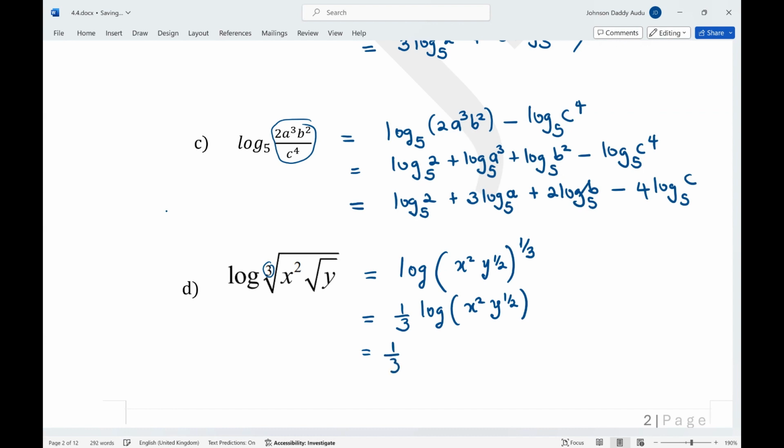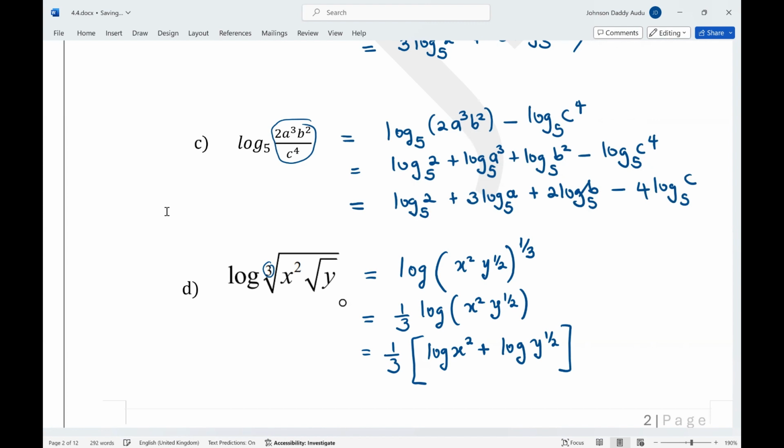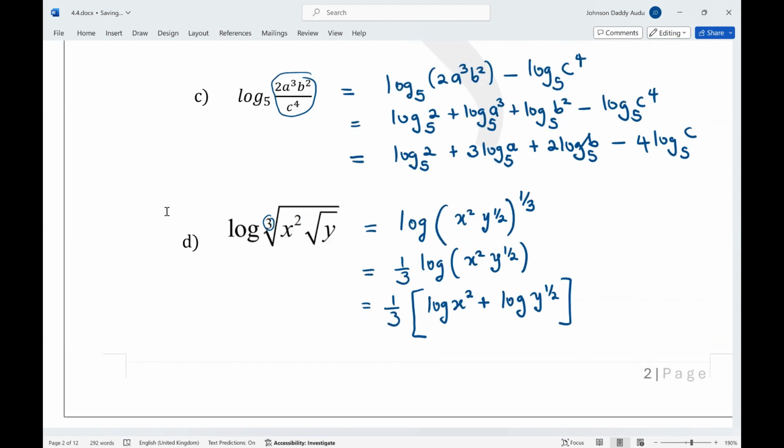Then this 1 over 3, you leave it as a common factor. Then take the log inside. So you have log of x squared, and change multiplication to addition, and you have log of y to the half. All right, so what can we do now?